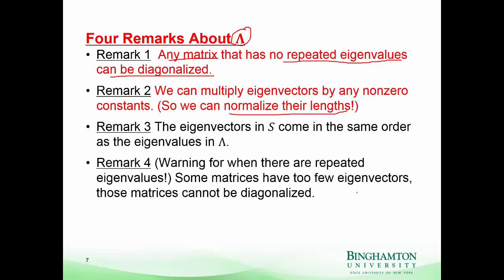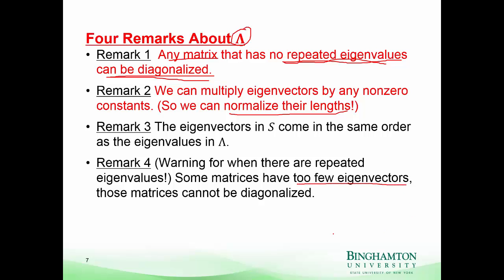And then just a warning for when there are repeated eigenvalues. So up here we said with no repeated eigenvalues, we can diagonalize. The issue when there are repeated eigenvalues, it doesn't have to be this way, but for some matrices with repeated eigenvalues, they have too few eigenvectors.